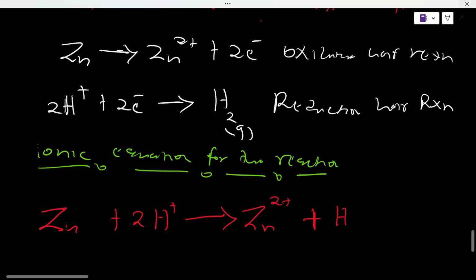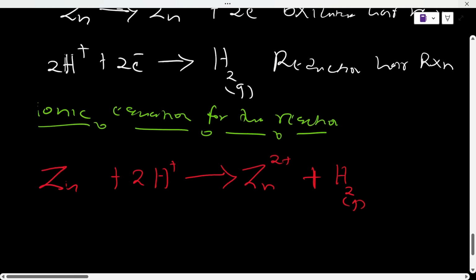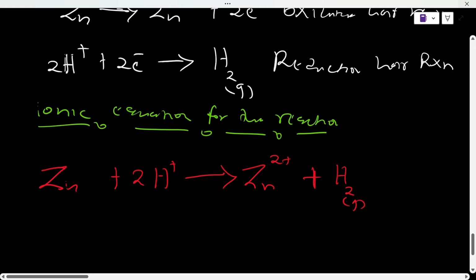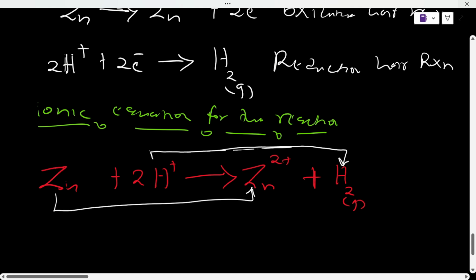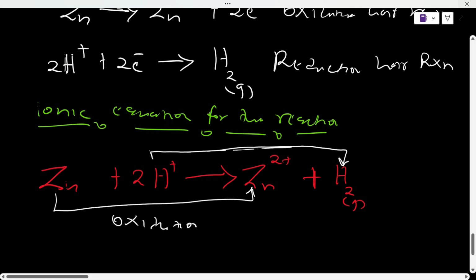So from there we can know which one is oxidized, which one is reduced. This one formed this. So you have to know that zinc has undergone oxidation. This one has undergone reduction.